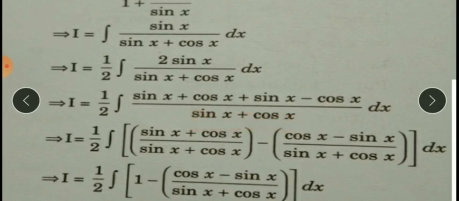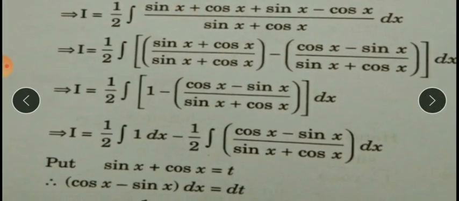Now separating the numerator in two parts, I is equal to 1 upon 2 integration. The first part of the numerator is sin x plus cos x divided by the denominator sin x plus cos x. The second part is sin x minus cos x, that can be written as minus cos x minus sin x, divided by the denominator sin x plus cos x.